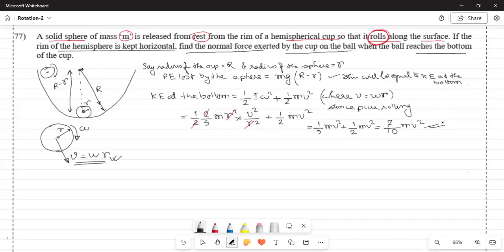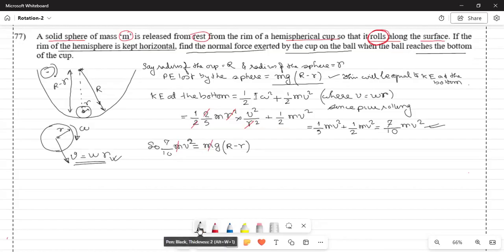So this kinetic energy can now be equated with this loss of potential energy. So 7 by 10 m v square is equal to m g, capital R minus small r. From here again, m and m get cancelled.